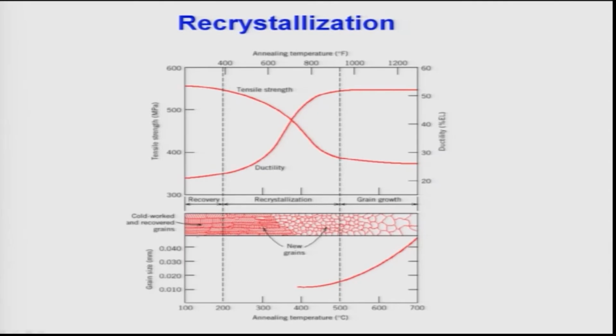At lower temperatures, you have cold worked grains, with a lot of dislocations, point defects and other defects present. Then the lower temperature annealing leads to recovery of these defects, mostly dislocations or point defects.